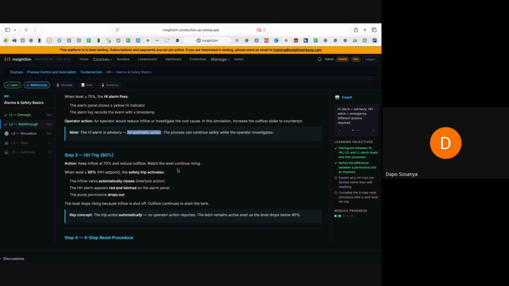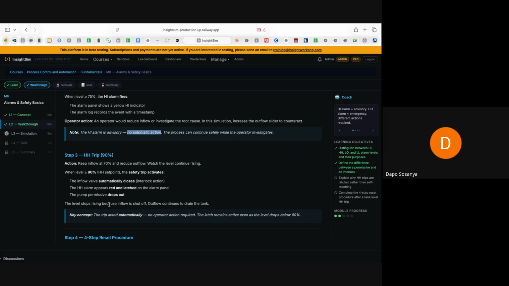Watch the level continue rising. When level is greater than 90%, the HH set point, the safety trip activates. Inflow valve automatically closes. The HH alarm appears red and flashing on the alarm panel, and then the pump permissive drops out. At that point, the pump is not allowed to run.